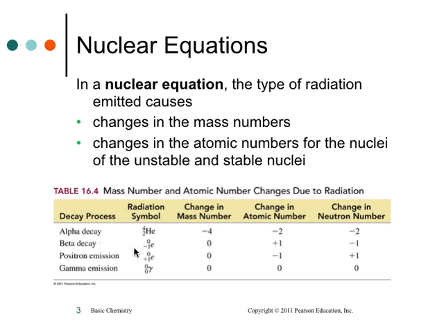In beta decay, a beta particle is an electron, so it's a -1 charge, but it doesn't really have a mass number. And then a positron is a positive charge, and gamma doesn't have any mass at all.